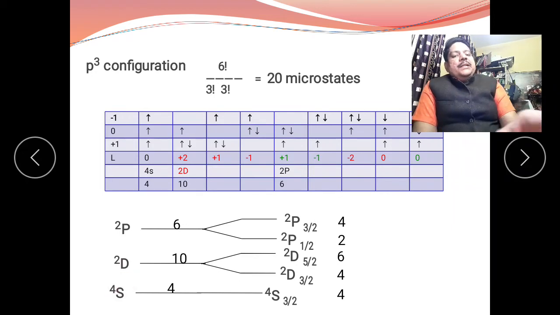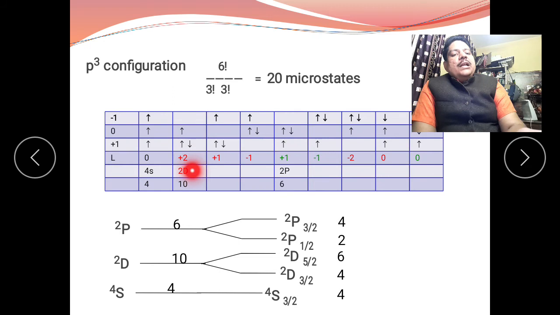Another configuration is where 2 electrons are paired and 1 remains unpaired. It means that the total S value is half, and therefore 2S plus 1 is given by 2. You can see here the total L value is 0 for the first configuration, since +1, 0 and -1 add up to 0. Now the total L value for the other configuration is +1 and +1, that is 2, and 0.